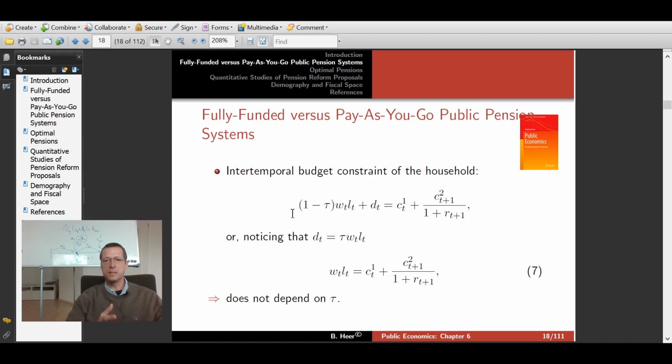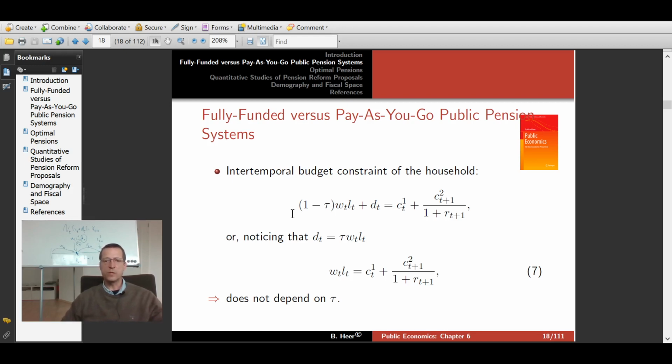Our net income plus our contribution to the pension system is equal to the discounted value of our lifetime consumption, so present consumption C1T plus discounted consumption in old age C2T plus 1. And noticing that our contributions are equal to dt, we get the lifetime budget equation 7.